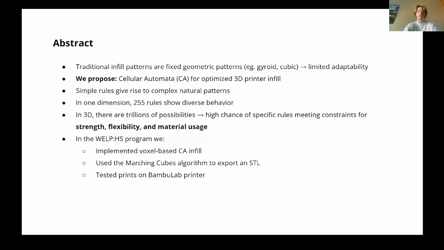And then we use the marching cubes algorithm to take these discrete voxels and turn them into a continuous 3D shape in a standardized STL format. And then once it's in a standardized format, we were able to just put it into standard 3D printer software and print it and see that our patterns actually worked in real life. And it's not just a theory.